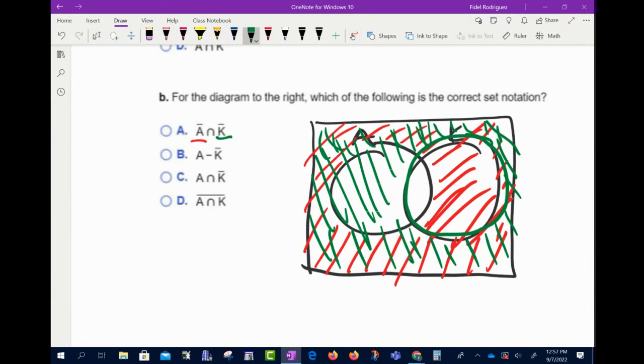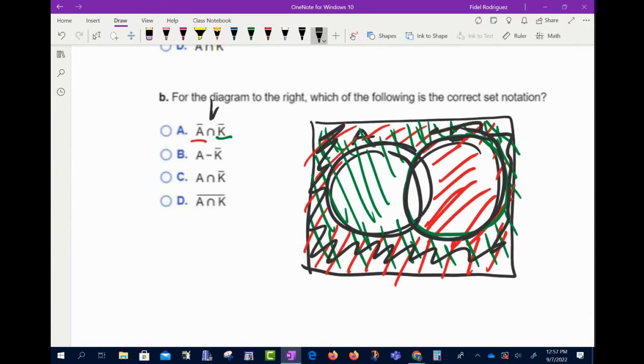Everything outside of that circle. Now, my question to you: the intersection says, what parts overlap? Is there an area that we shaded twice? Didn't we shade everything outside of this circle and everything outside of this circle? Didn't we shade all of that already twice, right?